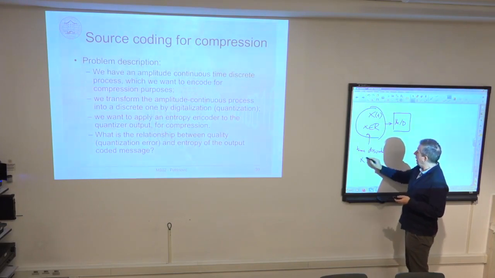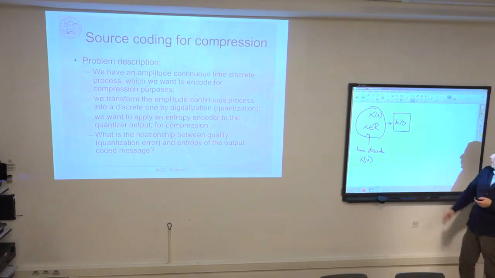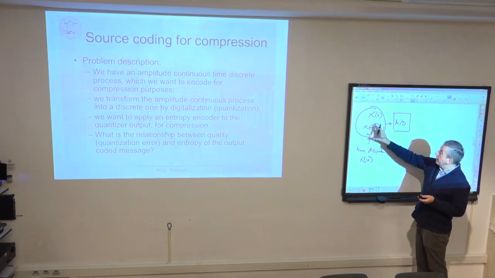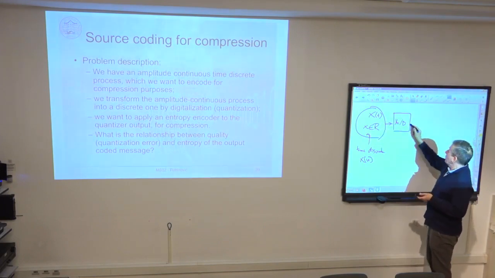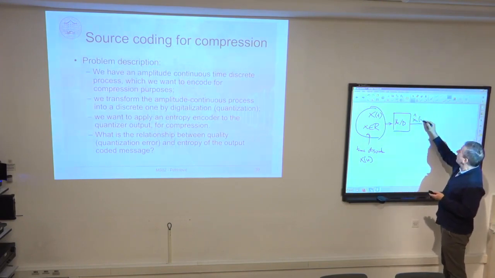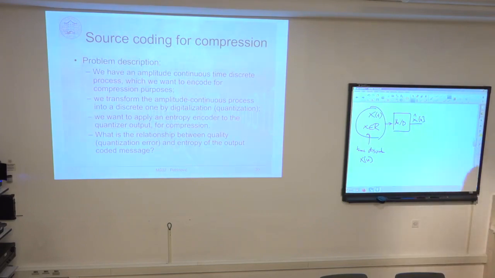So we have X of n as a sequence of real valued numbers. So the sampling is done already here, or as a part of AD conversion. It doesn't matter. But now we have this X hat of n, and that is the quantized value of the ideal signal value.